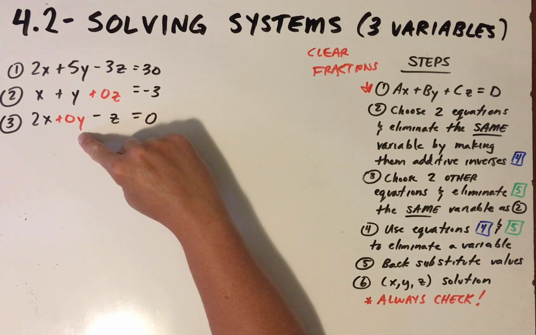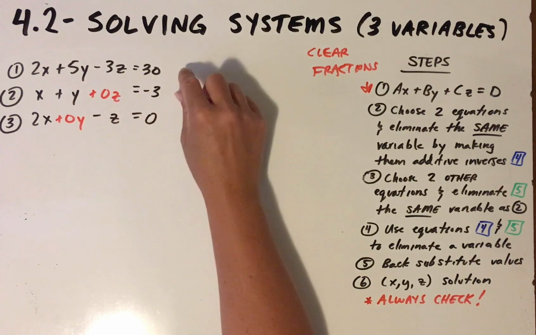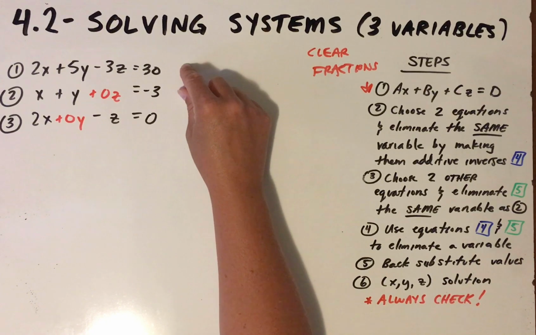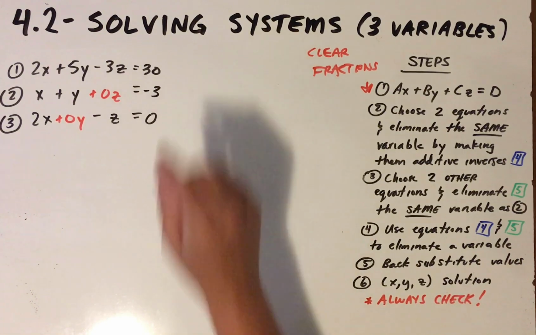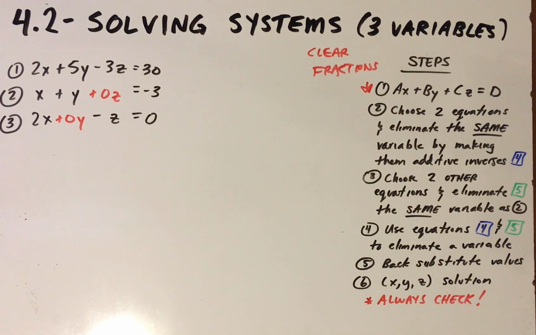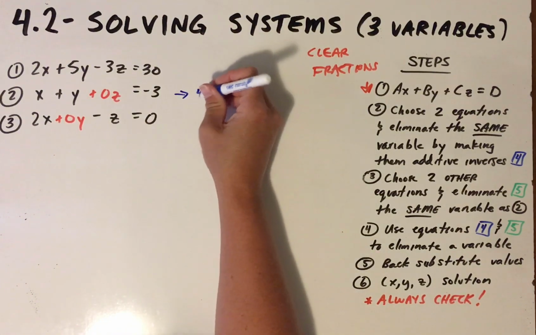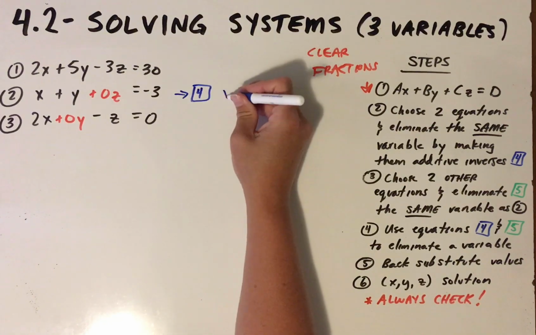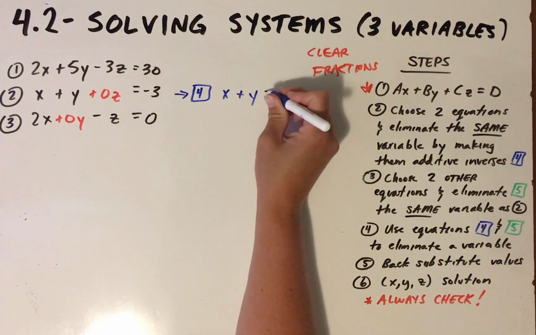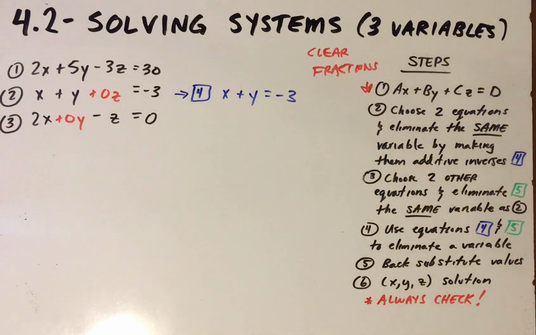So if I wanted to eliminate y, then I would choose equations 1 and 2. Okay, so I'm going to go for z just because we can. Because I'm choosing z, I need to understand that my equation 2 is actually my equation 4, because it already has y eliminated.